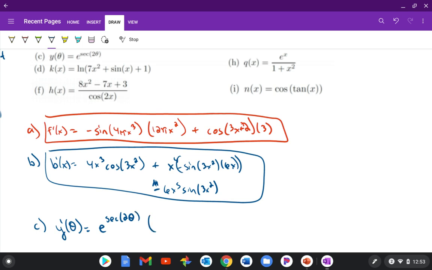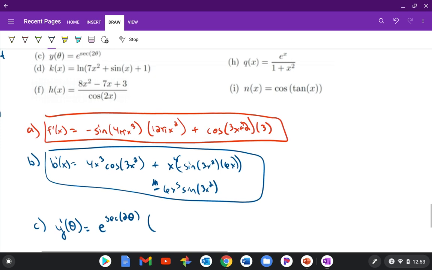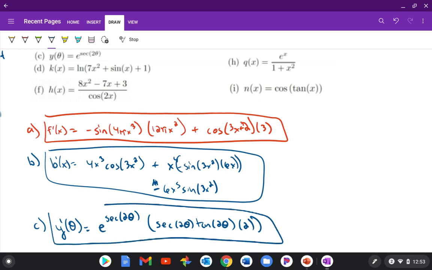Remember the derivative of secant x is secant x tan x. So the derivative of this is secant of 2 theta tan of 2 theta times the derivative of 2 theta, which is 2. So that would be our answer. Again, you could rewrite that.